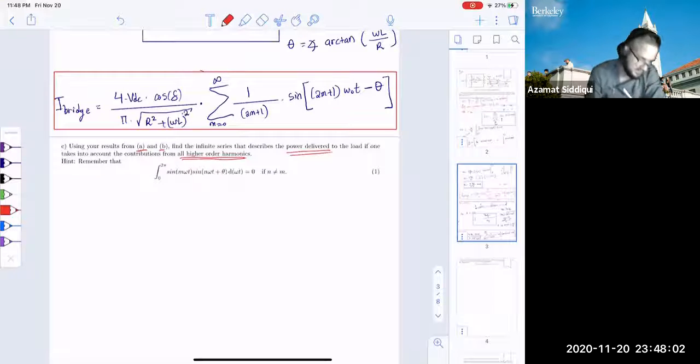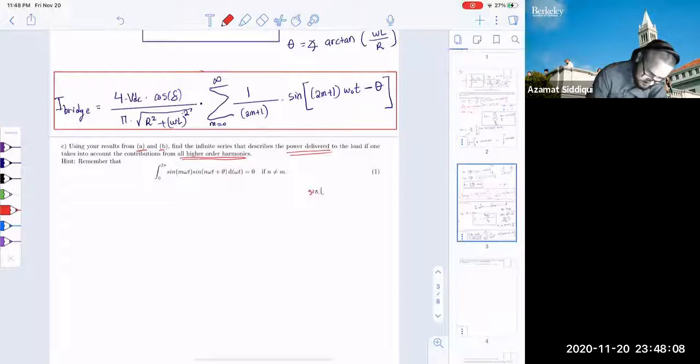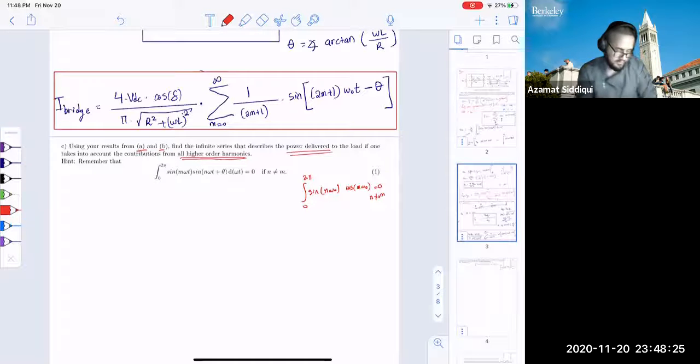It's going to give us a hint that says if you have sine of n omega naught t multiplied by sine of m omega naught t, we take its integral from 0 to 2 pi, it equals 0 if n is not equal to m. Let's move on with this and then see what happens if it is equal.